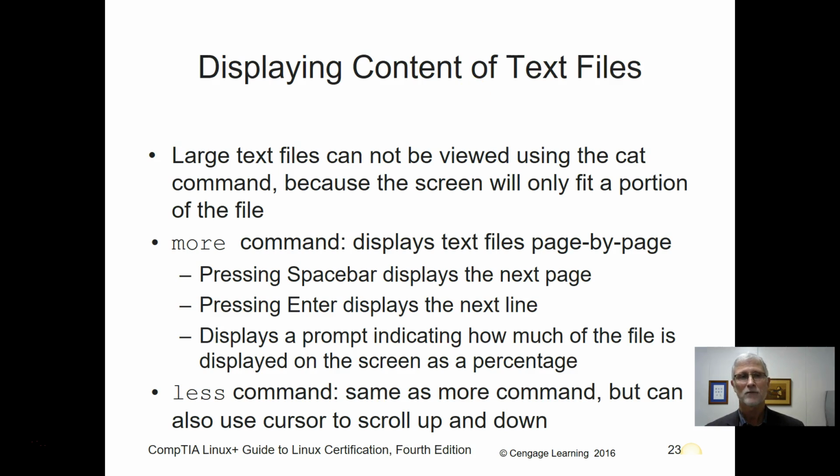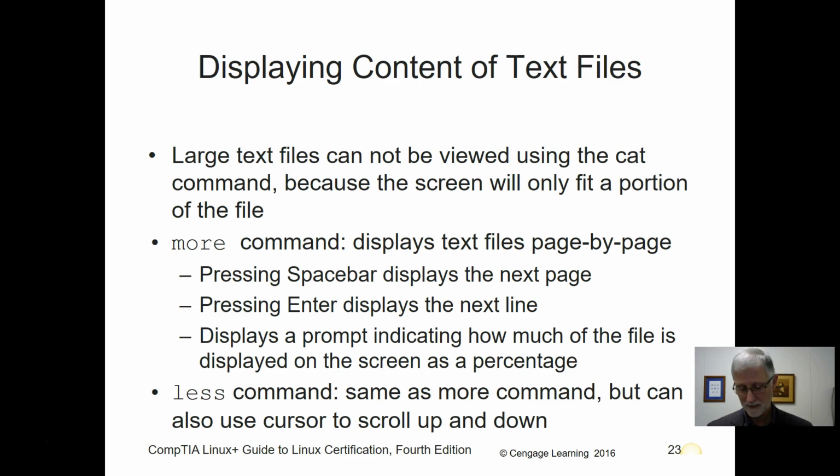Now, for large files, you don't want to use the cat command because it just scrolls through everything, and everything won't fit on the page. But if you use the more command, it displays a text file page by page, and then by hitting the space bar, you get the next page.